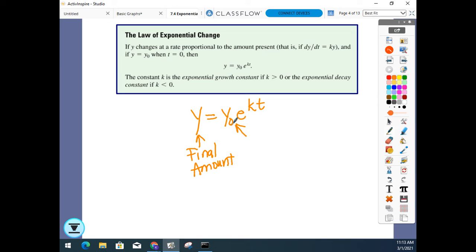Anything sub-zero, and recognize this is like our constant, always represents the initial amount. The time is t. Depending on the word problem, it could be time in terms of years, it could be time in terms of days, and k is always the constant.